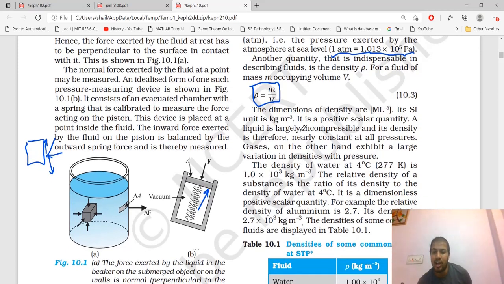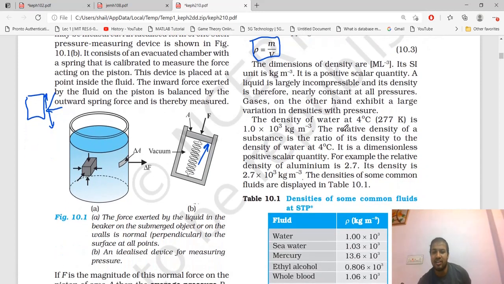A liquid is largely incompressible and its density is therefore nearly constant at all pressures. Gases, on the other hand, exhibit a large variation in density with pressure. The density of water at 4 degrees Celsius, 277 Kelvin, is 1.0 into 10 to the power 3 kg per meter cube.